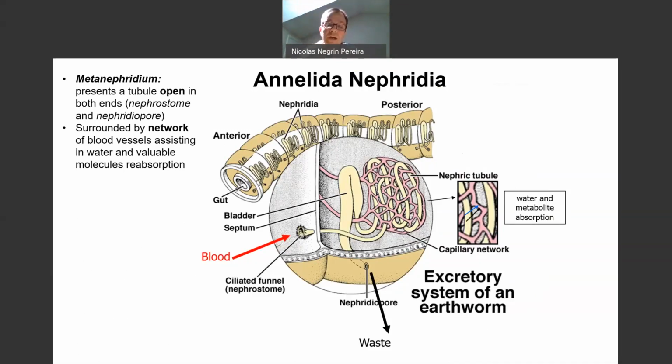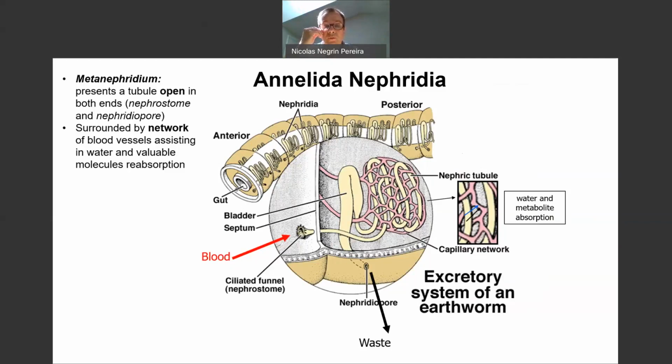And it will actually be wrapped, we can say, by a net of capillaries, where by countercurrent, this water and metabolite absorption will take place in case of those useful substances that the animal needs to retain.